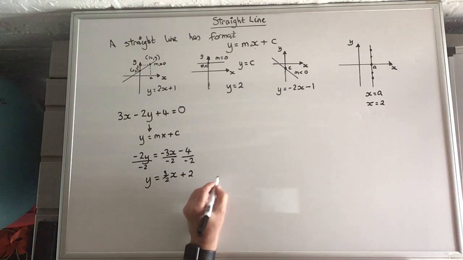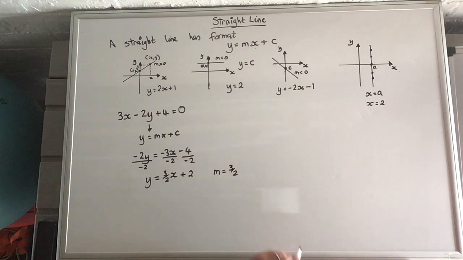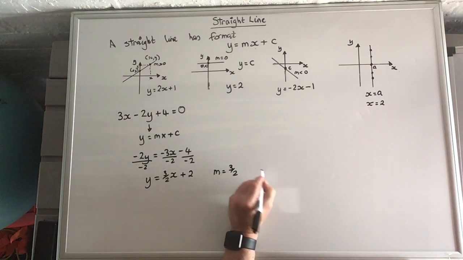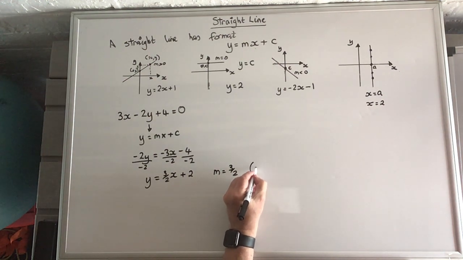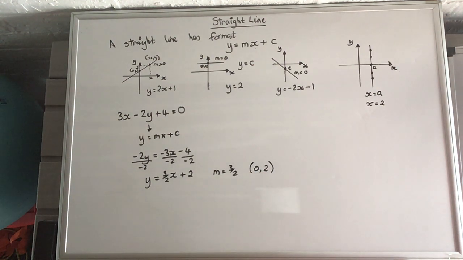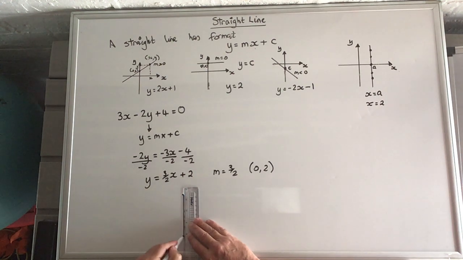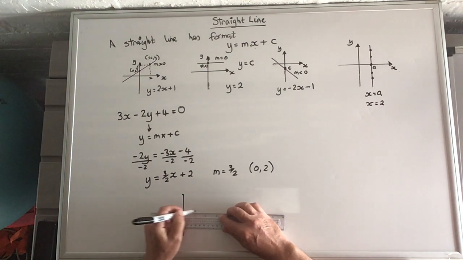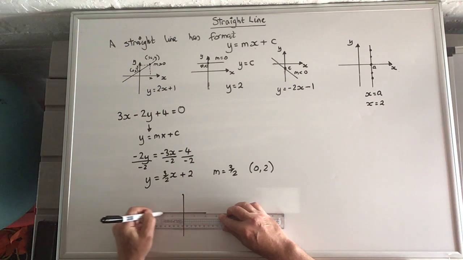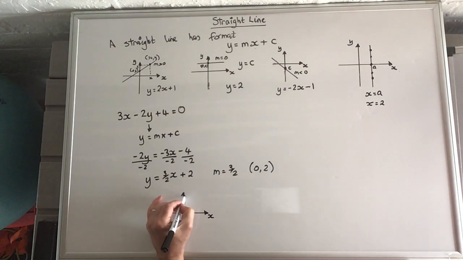So your gradient, I'll just write it over here, your gradient is positive, so it's 3 over 2. And your y-intercept as a coordinate is 0, 2. And if we draw a wee sketch of that, get my ruler, just a rough sketch. There's my x-axis, my y-axis.